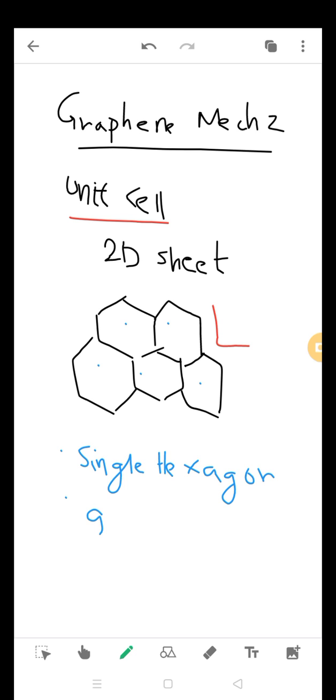9 hexagons, but actually not the full hexagons.